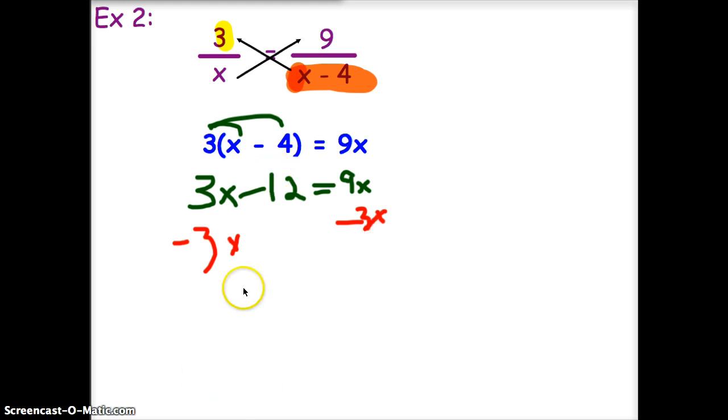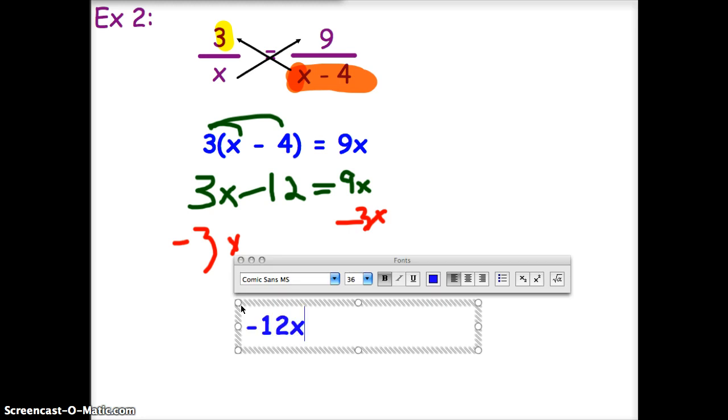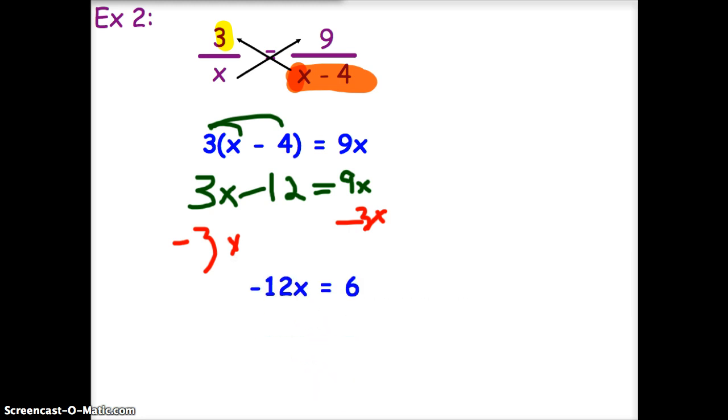Subtracting 3x from each side, that leaves me with negative 12x equaling 6. Divide both sides by negative 12. And we're left with an x value of negative 1/2.